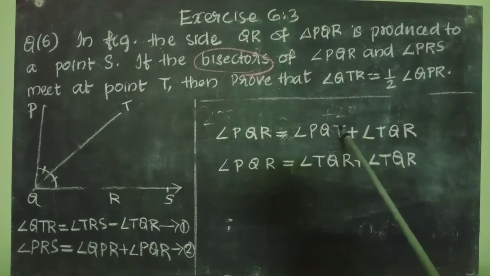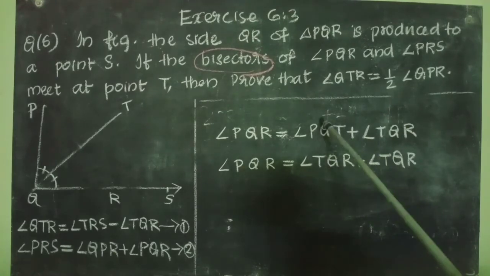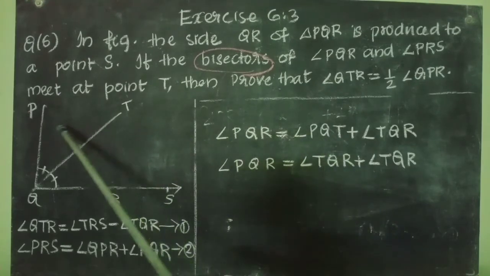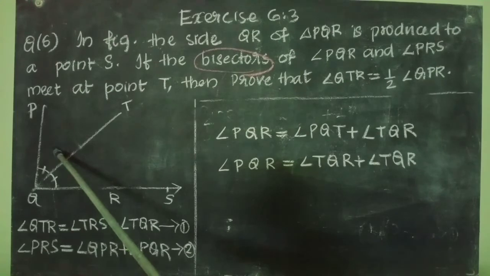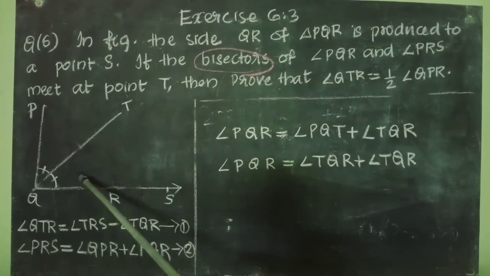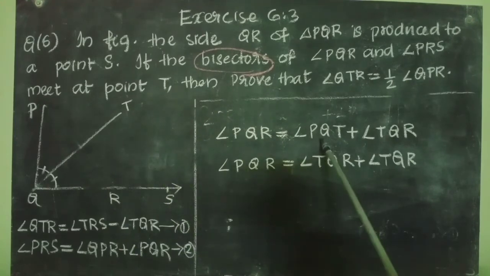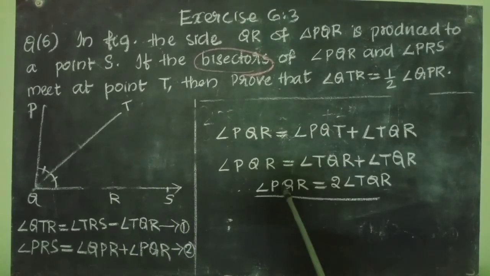You can see from the figure that these two portions are equal, so we can replace it. So we get angle PQR equals 2 angle TQR.